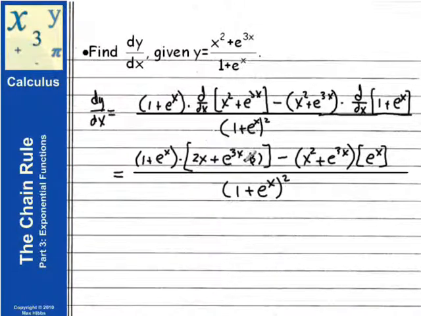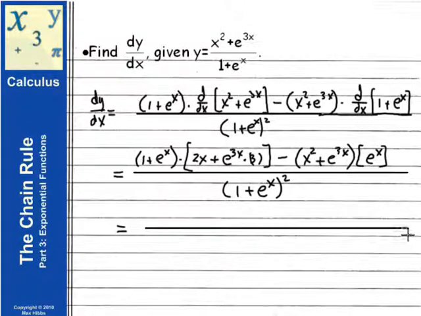Now, I'm going to go in and see if I can straighten up what I've got in here before I take the next step. It's awfully messy looking, and I'd like to clean it up. So I have my 1 plus e to the x, and in these brackets, which I'm going to change to parentheses, I have a 2x, and then of course this is just 3 times e to the 3x.